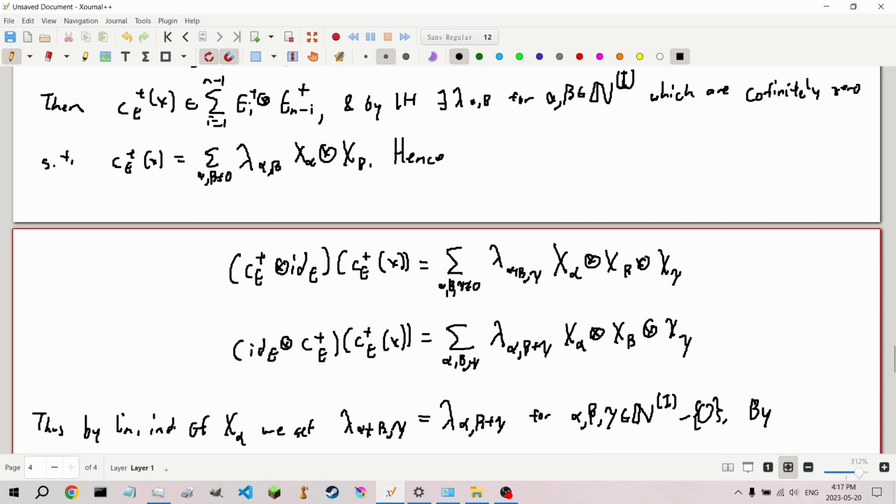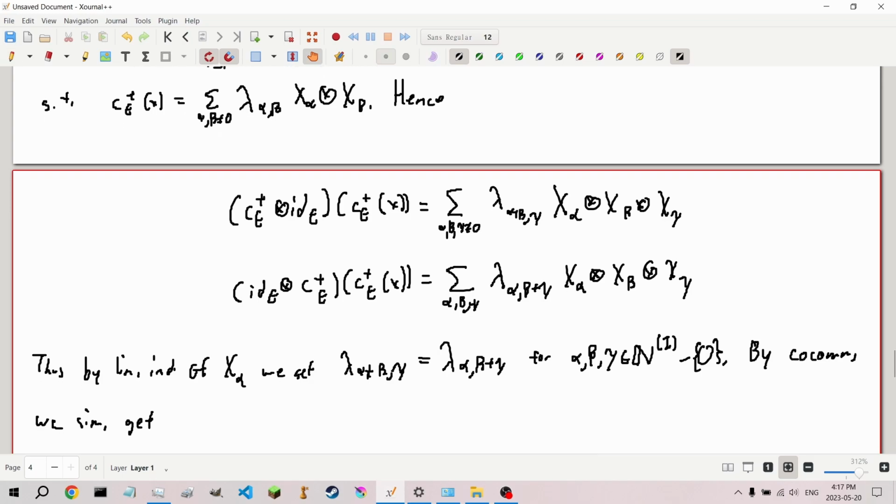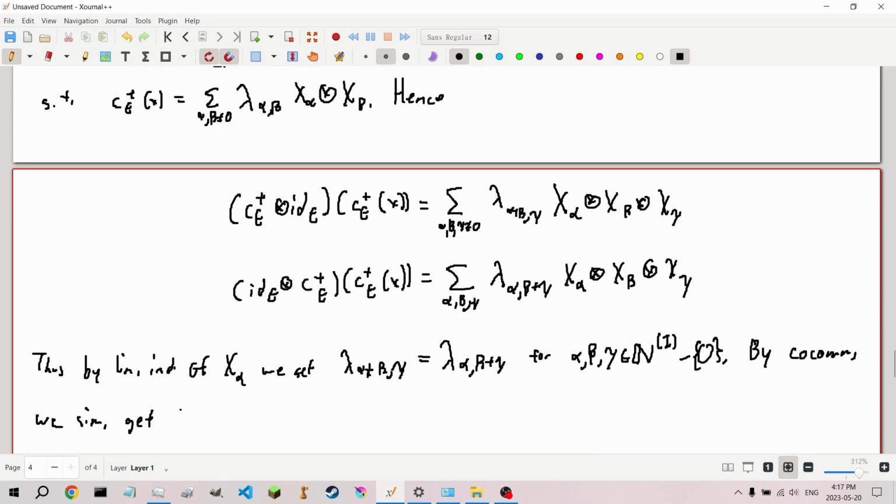And by commutativity, we similarly get, through the same process, that lambda of alpha, beta is lambda of beta, alpha, for similar alpha and beta.